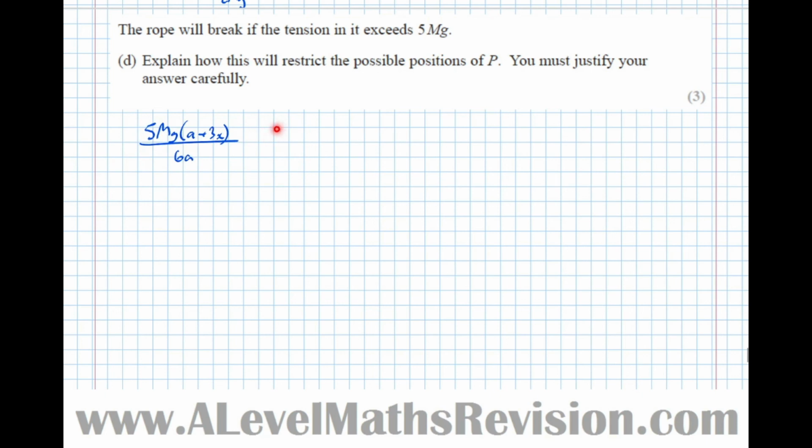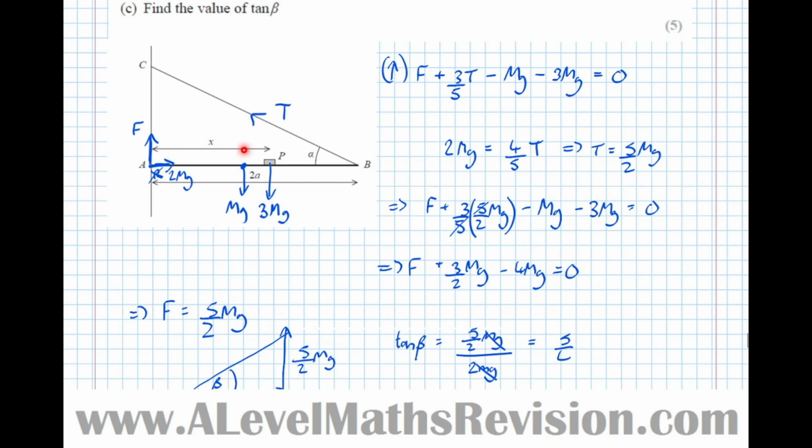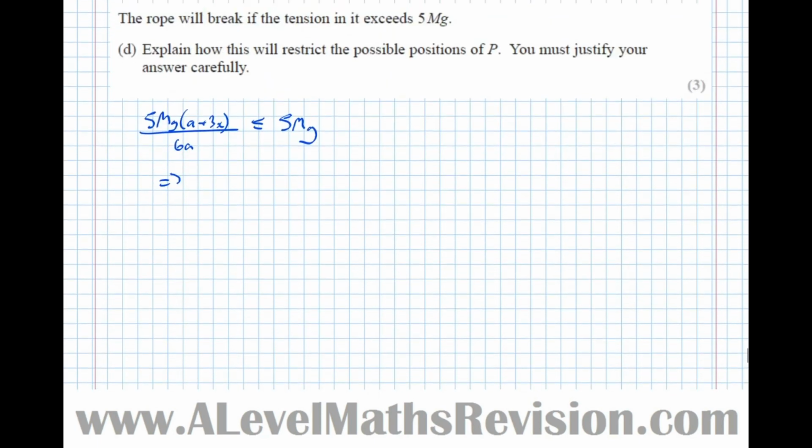Well, the tension can't exceed 5mg, so it must be less than or equal to 5mg. Now just remember that this variable x, if we go back up here, is the position of the box P. So if we solve this inequality for x, we find a restriction on the position of P. So let's divide both sides by 5mg.